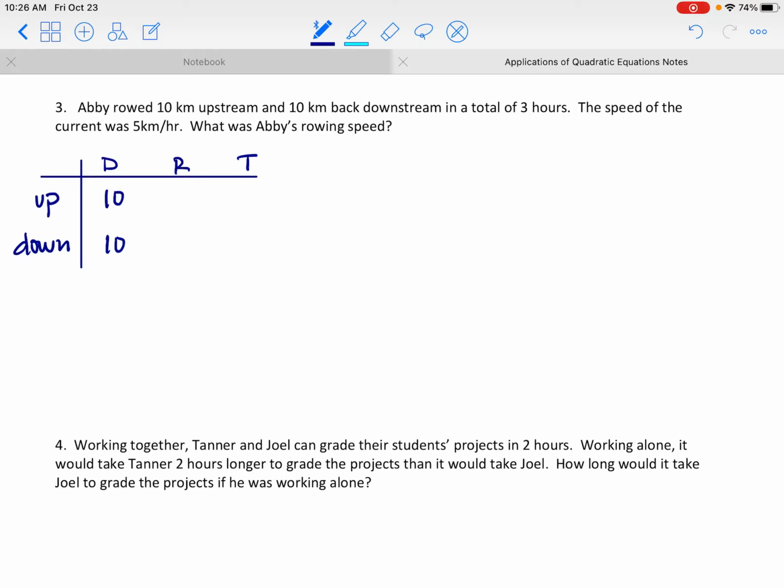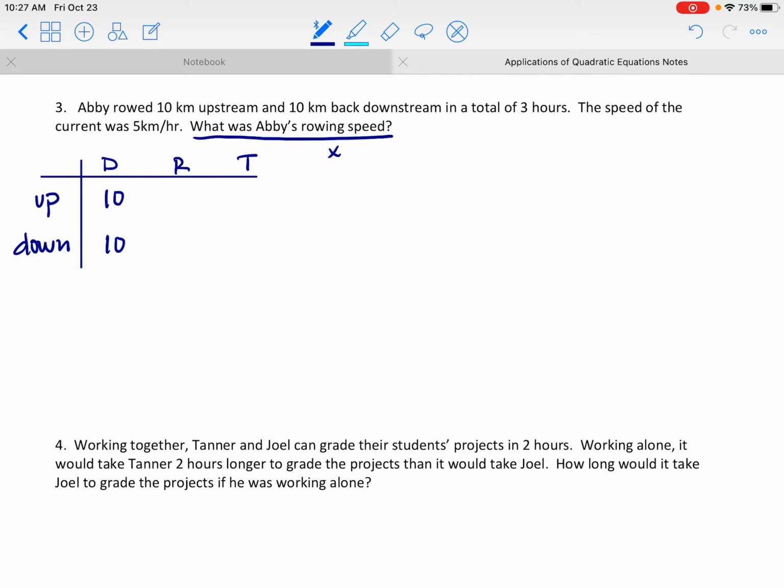And remember, current either slows you down if you're going upstream against it or speeds you up if you're going downstream with it. So you're either going to add it or subtract it from the speed of, in this case, Abby, who is rowing. And so we're looking for Abby's rowing speed. Let's call that x.